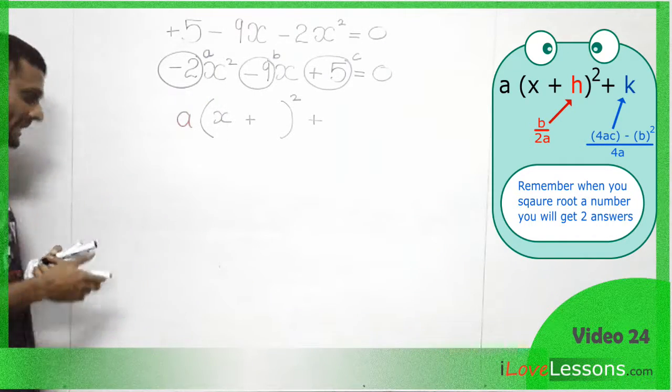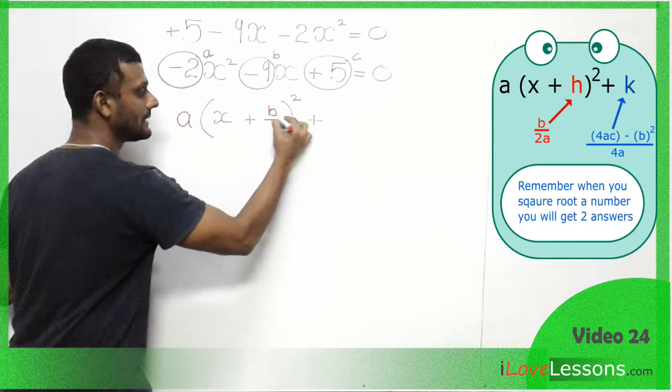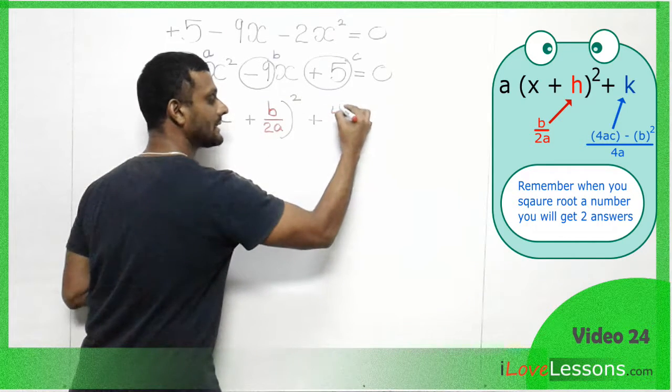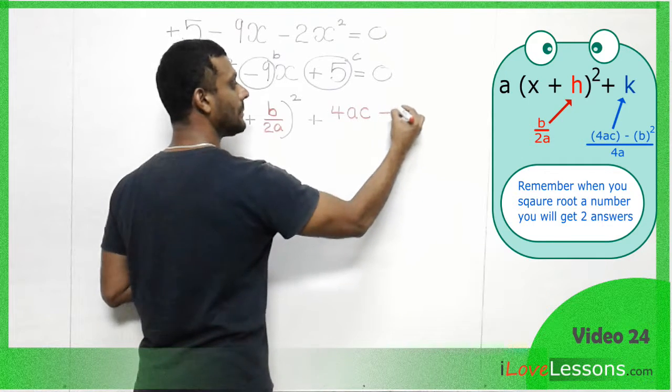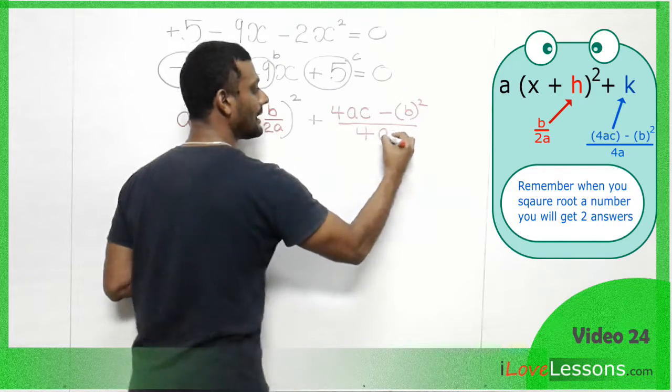A is just the number touching X squared. Remember, the formula to find H is B divided by 2A. And to find K, it's 4 multiplied by A multiplied by C minus B squared in brackets divided by 4A.